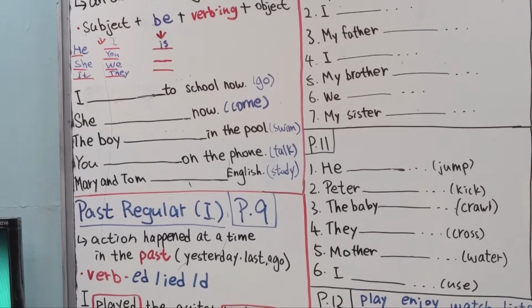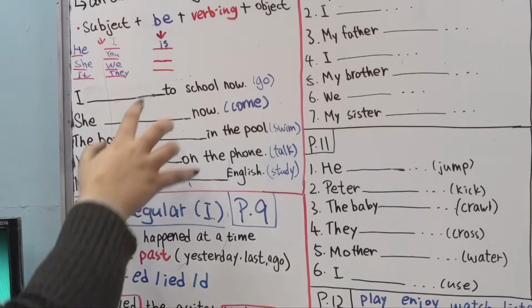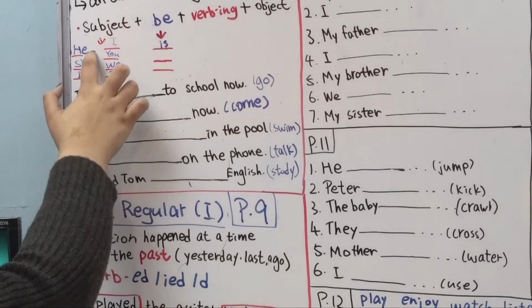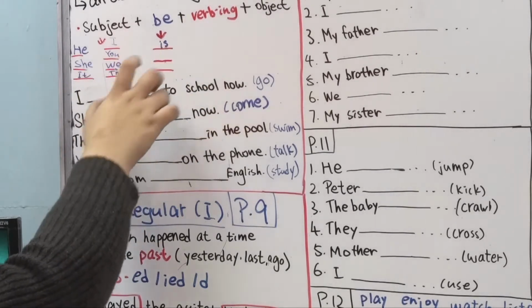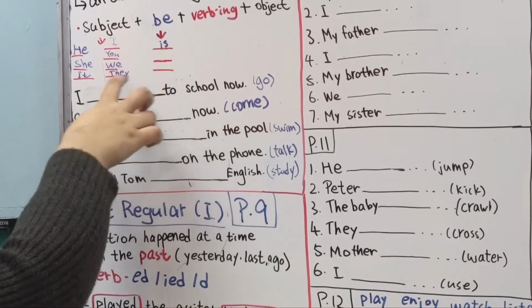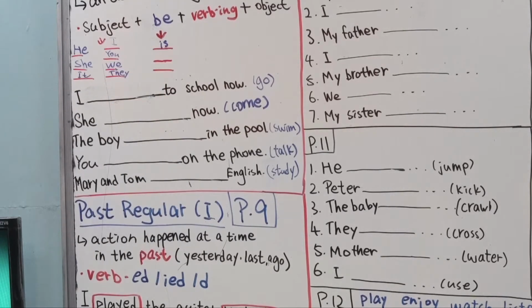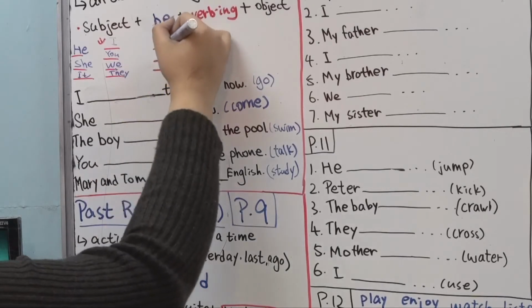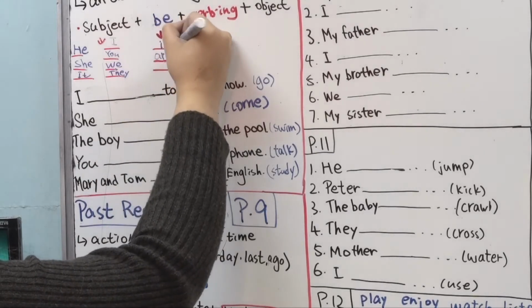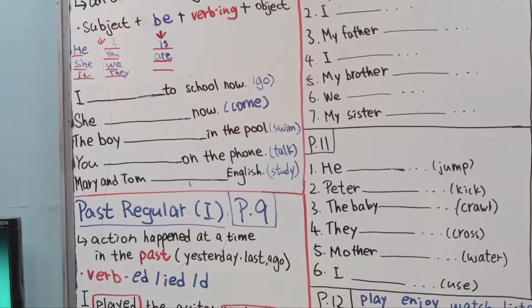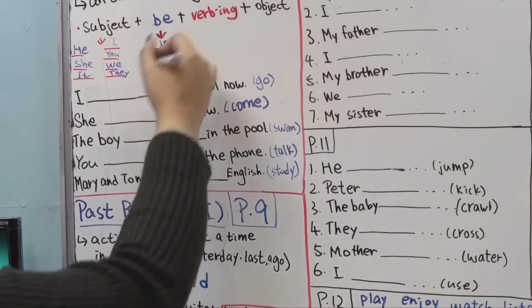That should be he, she, it, right? We use is. How about you, we, they? Which verb to be do we use? We use are, right? How about for I? Which verb to be do we use for I? That should be am.